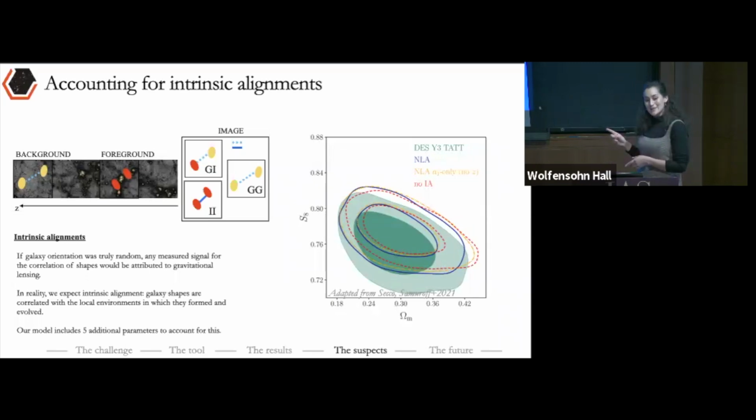Even no intrinsic alignments, shown in red. So if we decide that we're not going to model this, which is absolutely wrong, there is evidence for intrinsic alignments, it doesn't shift our results very much. So our results are also stable to the intrinsic alignment modeling. And I think, if anything, we were over-conservative here, and we're thinking about how to make this decision the next time we do this.